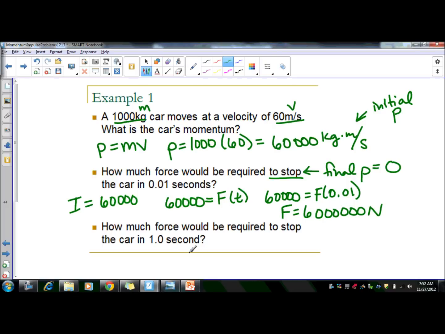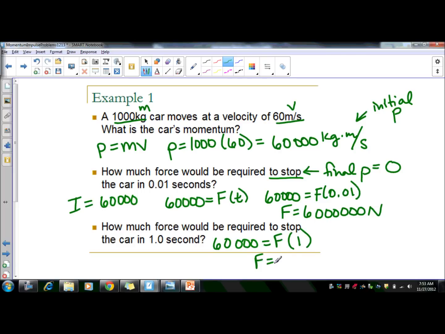So now, what if we had larger crumple zones in the car or something like that, and we're able to extend it to a full second? Well, we have the same initial and final momentum, so our impulse is still the same at 60,000. And now the force is going to be exerted over a full second.